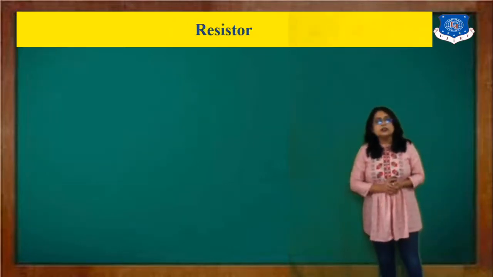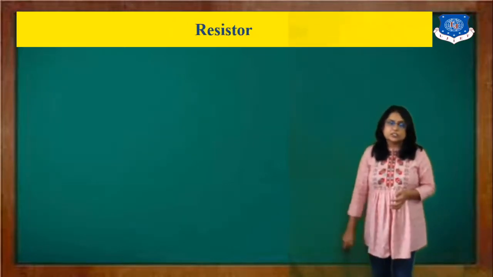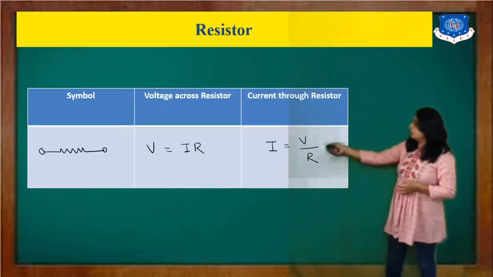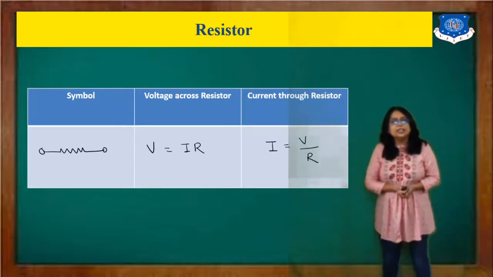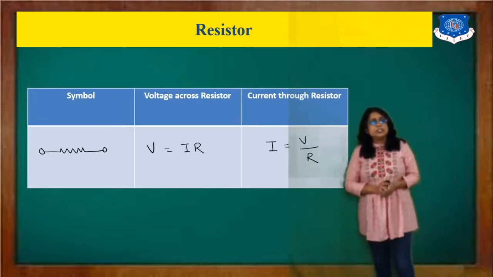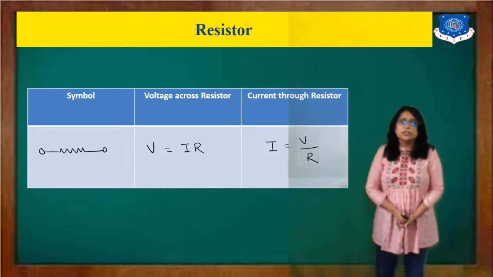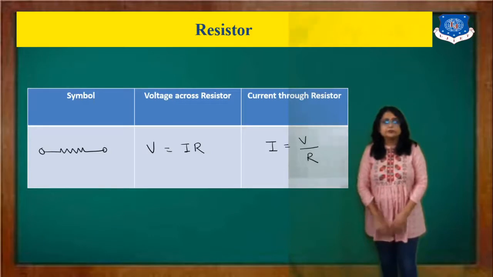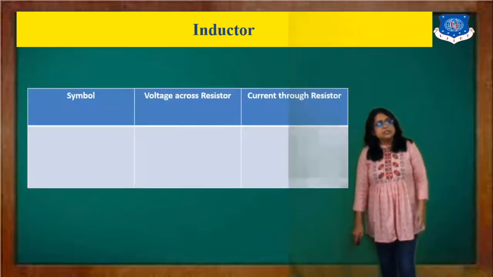Now next, we will see what is a resistor, right? So basically this is the symbol of resistor, and we know the equation, you have to remember this thing: the voltage drop across resistor is V equal to IR, and current I equal to V by R. Now next, inductor.